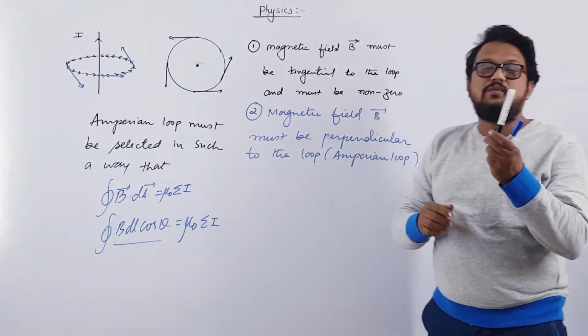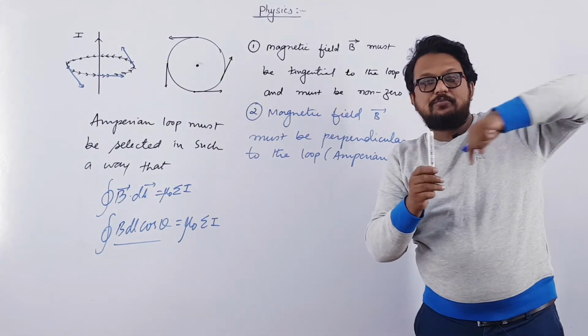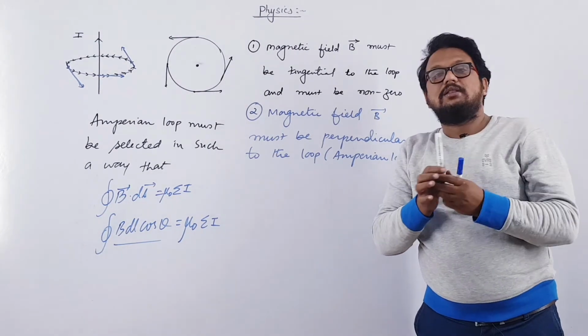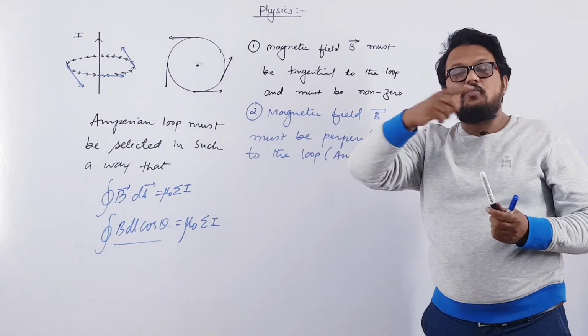For a straight current carrying wire, if you are selecting a circular Amperian loop, then the magnetic field is also circular. So both are in the same direction, right?